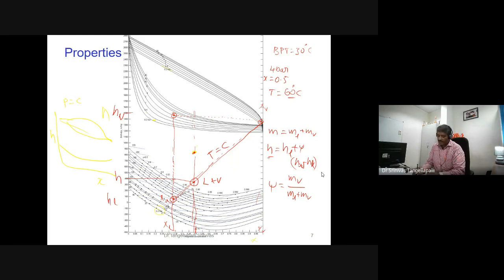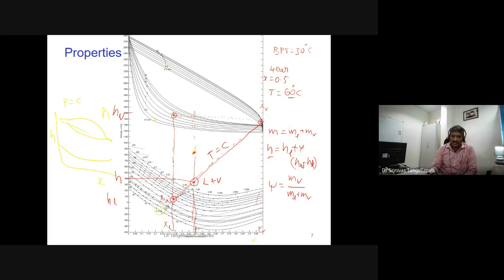Or H minus HL by HV minus HL is equal to MV by M. Okay, see here H minus HL. What is the distance of H minus HL?